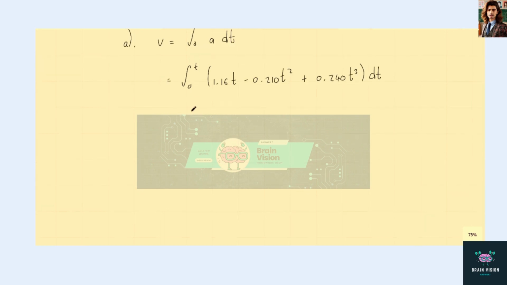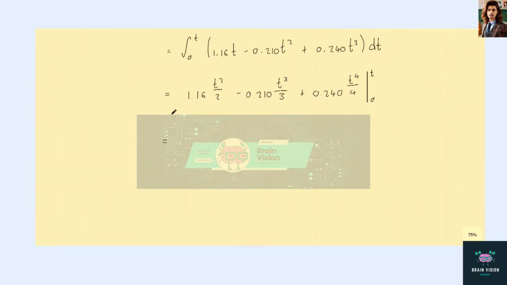If we integrate this over time, we get 1.16 times t squared over 2 minus 0.21 times t cubed over 3 plus 0.24 t to the power 4 over 4, and we'll evaluate this from t equal to 0 to t equal to t.